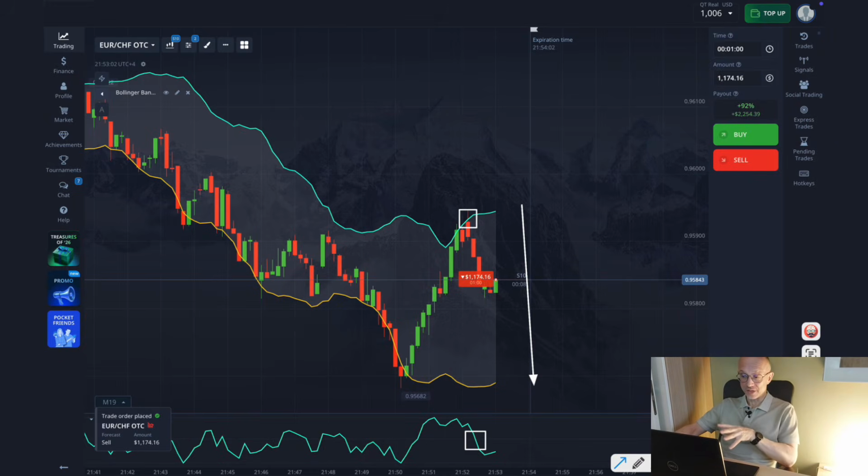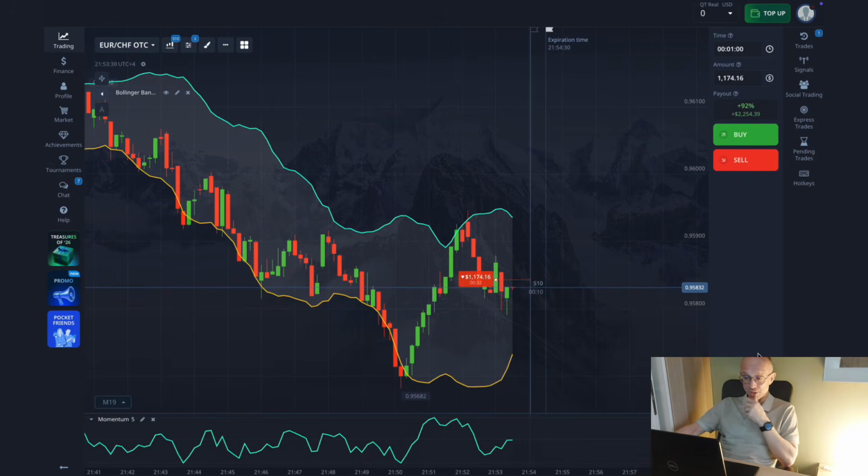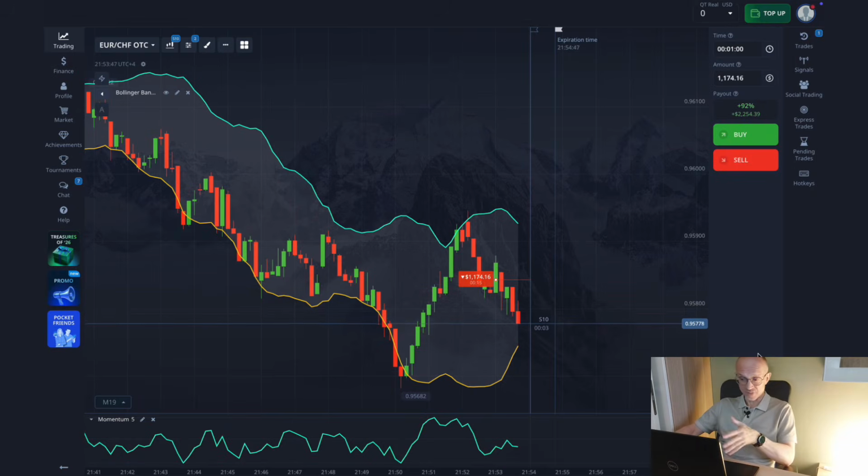The structure is neat and easy to read, which indicates control on the part of sellers and a correct reaction to the key level. And at the same time, the chart clearly shows a global downward trend. The current movement fits perfectly into its logic. The downward momentum looks stable, the direction is confirmed by the structure, so I'm pretty confident that the decline will continue to develop further. Let's see.